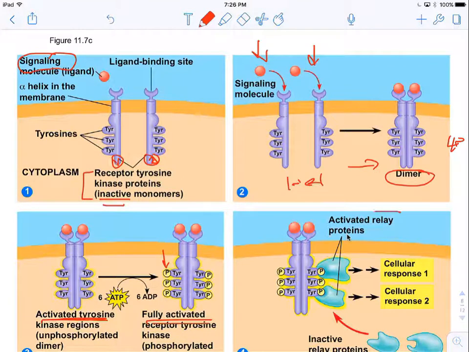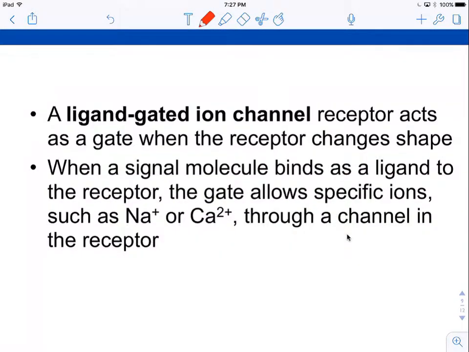So it phosphorylates these relay proteins, adds a phosphate group to them, and then they go off and generate some kind of cellular response. And because there are so many binding sites, it can generate more than one cellular response at a time. So that's how receptor tyrosine kinases work.